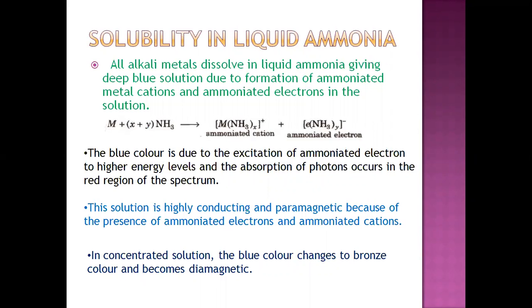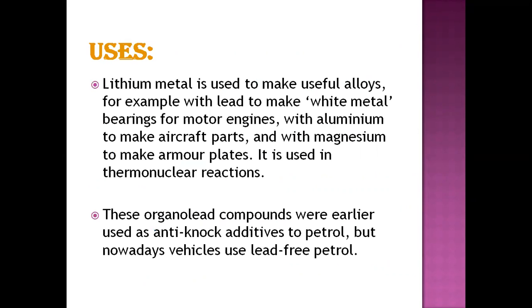Next, the blue color is due to the excitation of the ammoniated electron from a lower energy level, and it absorbs photons in the red region of the spectrum. If something is possessing color, that color is due to the electron jumping from a lower energy state to a higher energy state, absorbing that energy.